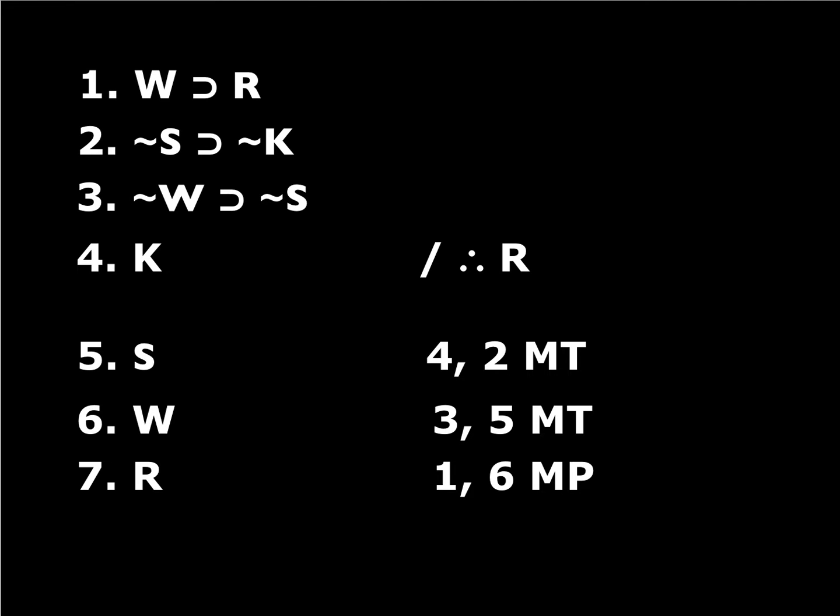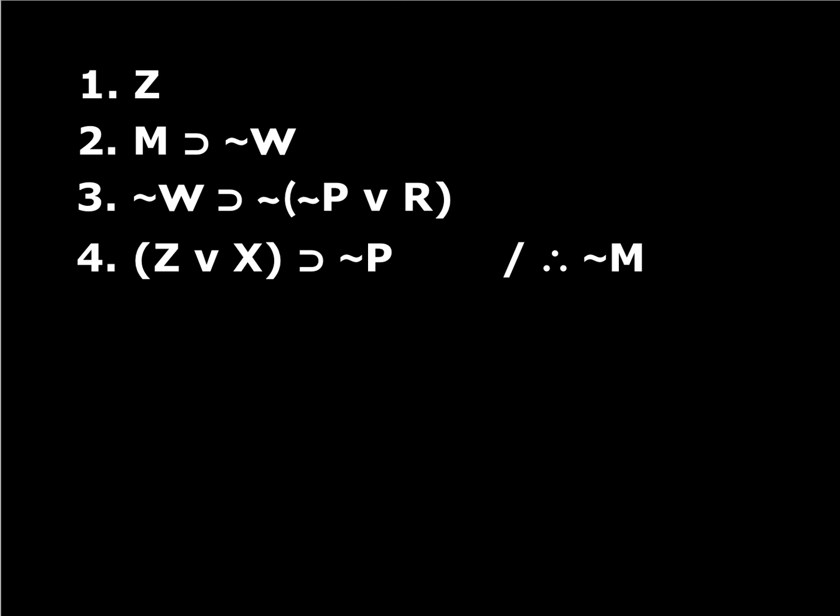Okay, let's do another proof. Here we have 4 premises, and what we're trying to get is not M. Before I start on this: once you get practice with proofs, and I really recommend you practice a lot of proofs, there are loads of questions and exercises with solutions online, because the more practice you get, the easier this is.